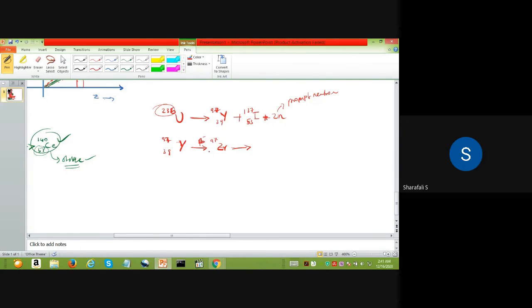With this it will increase. So this will become 40. And again go through negative beta decay. And it forms, sorry, this is neodymium. This will form neodymium.